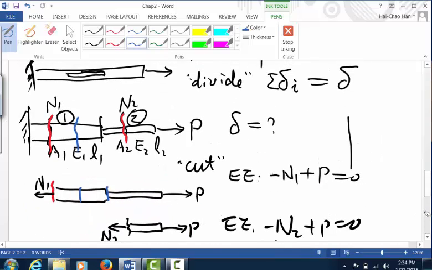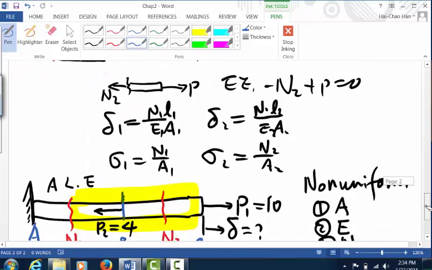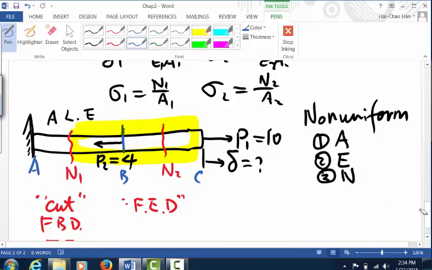Okay, here's the original problem, right? So what's L1, what's L2? L1 is this one. L1 is from A to B. And then from B to C, that's L2.